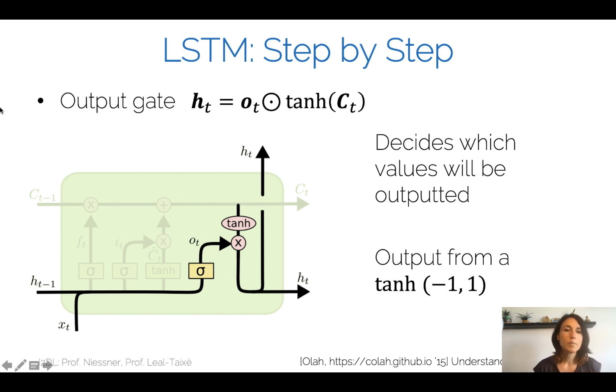And so what the output gate is predicting is actually the hidden state at time step t. And this hidden state goes in two ways. First of all, it's used to predict the actual output.